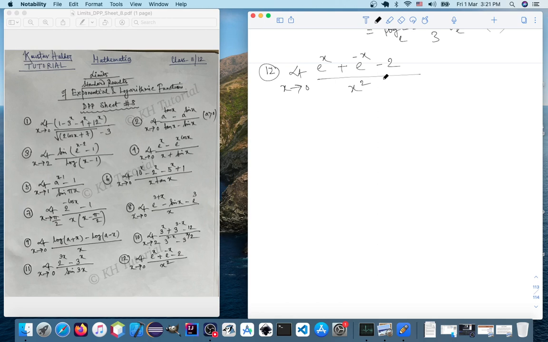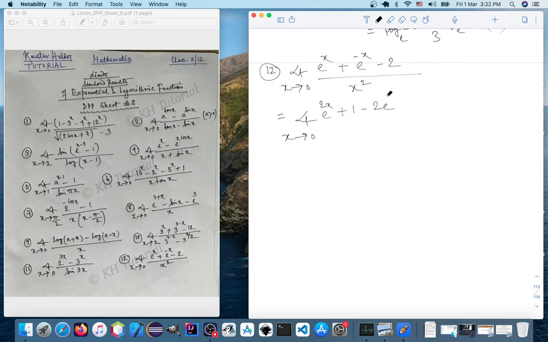Let's try to simplify this. If I write e to the power minus x as 1 by e to the power x and simplify, we get e to the power 2x plus 1 minus e to the power x.